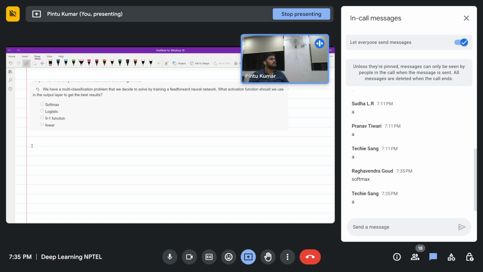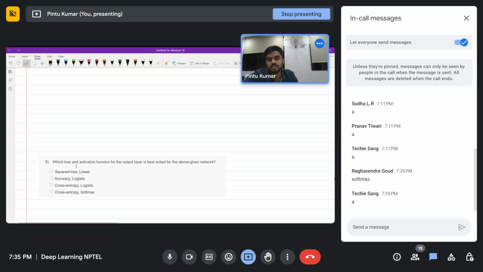Softmax is the correct answer that we discussed. Logistic is useful for a binary setup, while softmax is much more useful for multi-classification. 0-1 is not an activation function at all; it can be treated as one, but generally we treat it as a loss function. Linear is not applicable for classification.